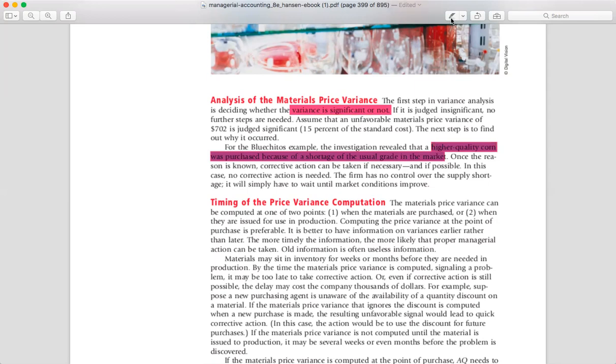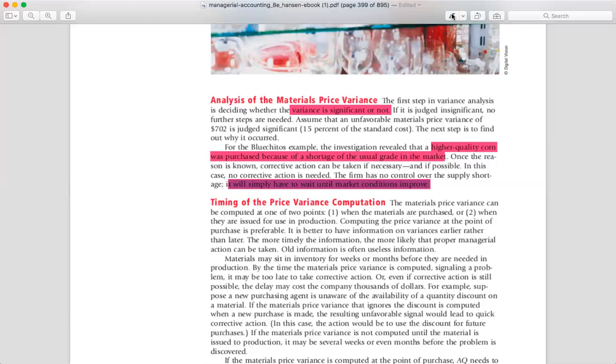Once the reason is known, corrective action can be taken. In this part, the firm has no control over the shortage of supply, because this is closely related to market conditions. So there is no problem internally.